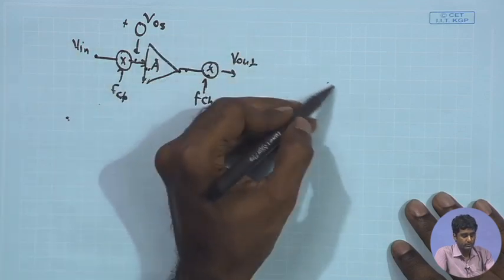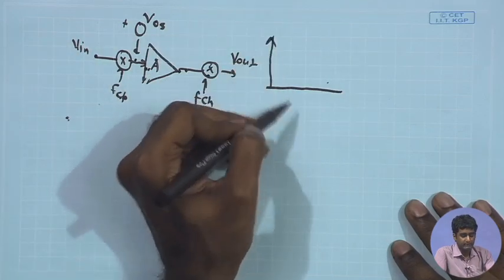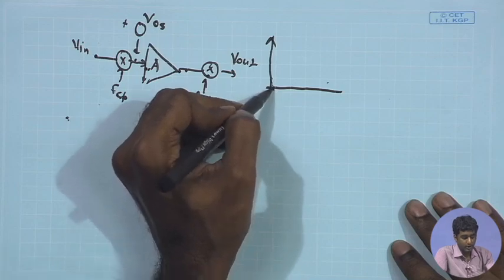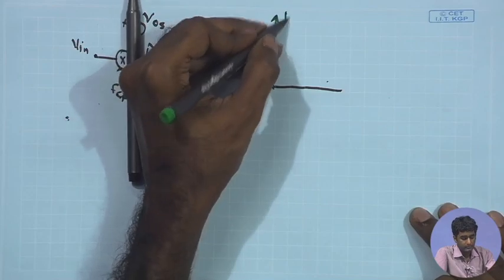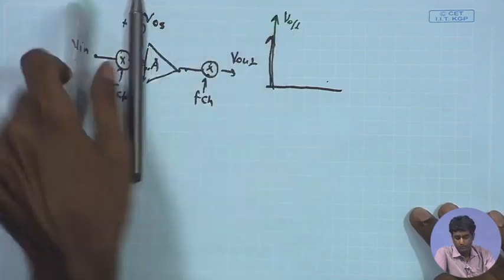frequency. So, in terms of the chopping operation, since we have anyway included the chopping operation, this offset signal was lying at DC, and then of course, you had the 1 upon F noise.